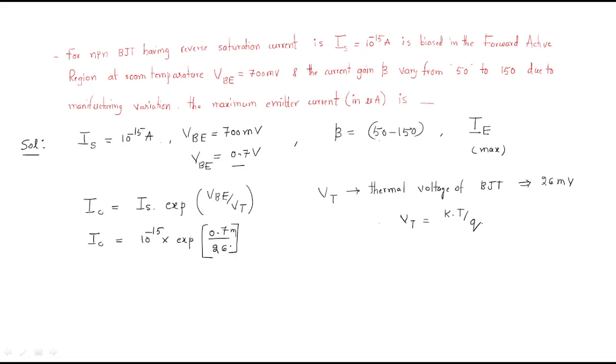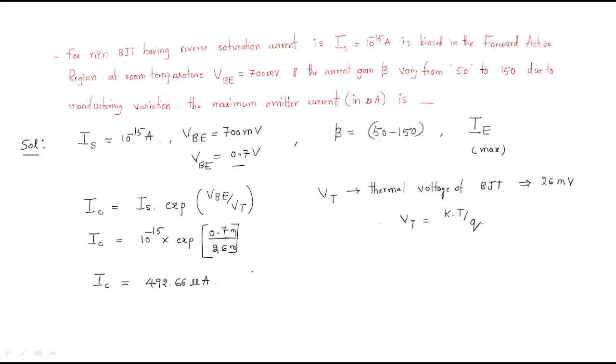Both are milli and milli. Just do the calculation. We will get the collector current IC value equal to 492.66 microamperes.